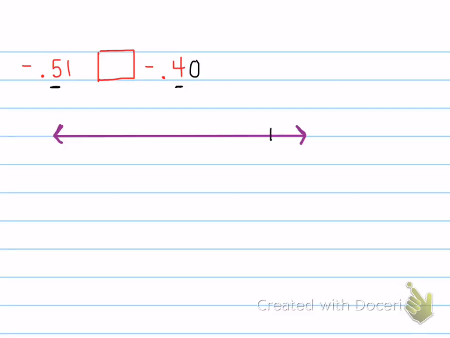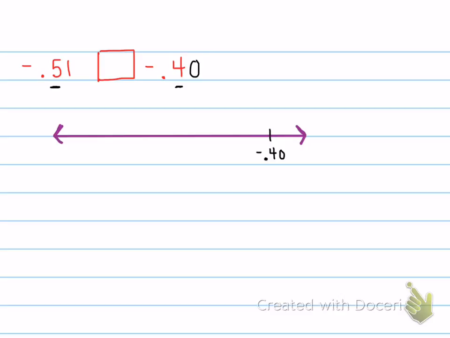So I'm going to put my negative 40 hundredths there, and then I need to go all the way to negative 51 hundredths. So it doesn't always have to turn out exact. So I kind of want to show you one that doesn't.